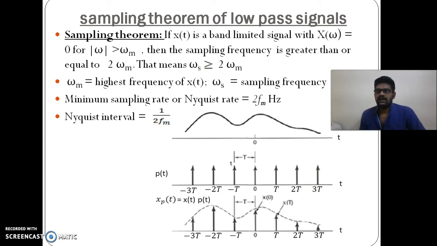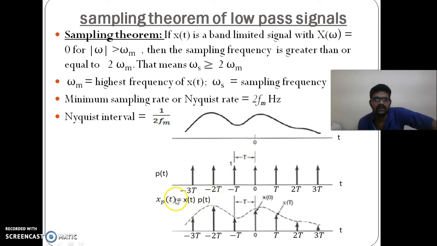That is called an impulse train, equally spaced with tau distance. If you multiply these two, you will get a sampled signal. This tau must be equal to Ts for a perfect result.